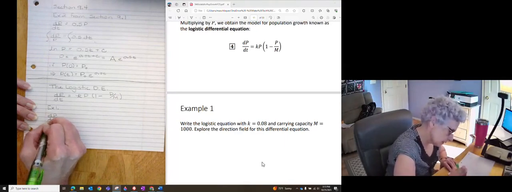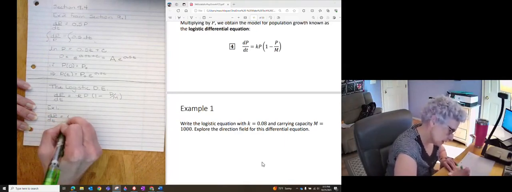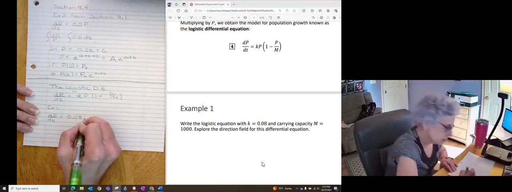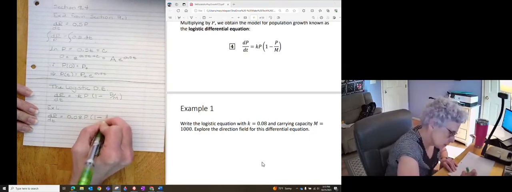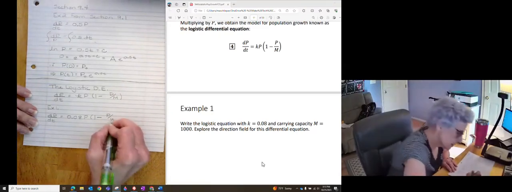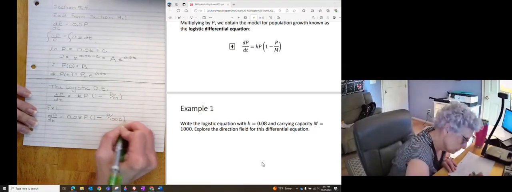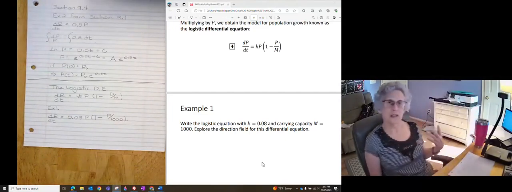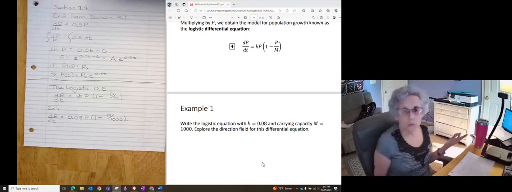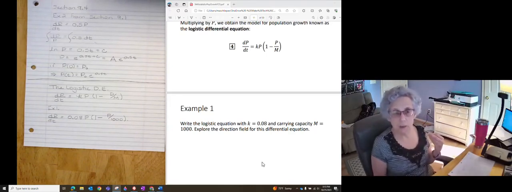So dP/dt is equal to 0.08 times P times 1 minus P over 1,000. Thinking way back to section 9.1, we talked about logistic models some.